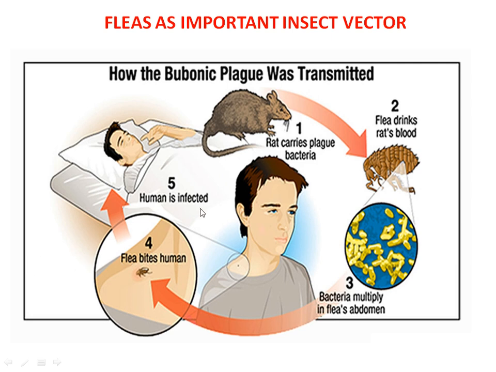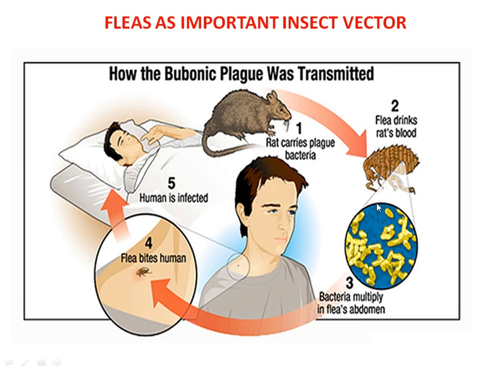Look at this slide, which shows how the bubonic plague was transmitted. The first is the rat. The rat carries the plague bacteria, that is Yersinia pestis. Once the flea bites the rat, this Yersinia pestis enters into the body of the rat flea.